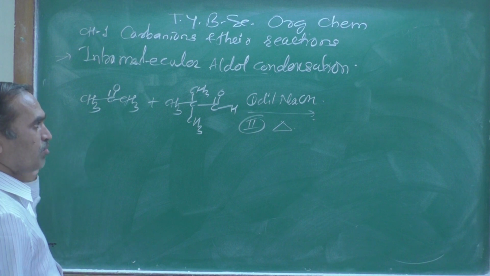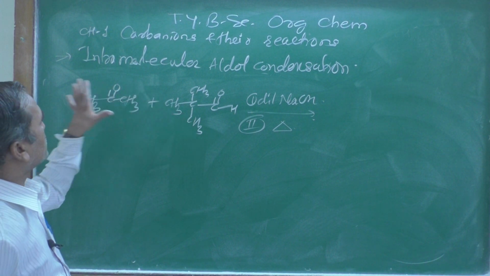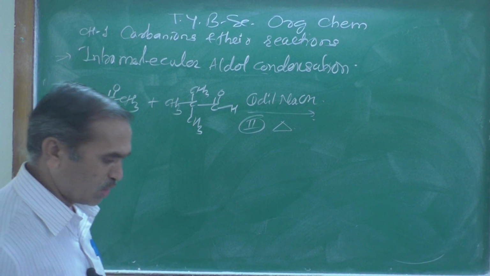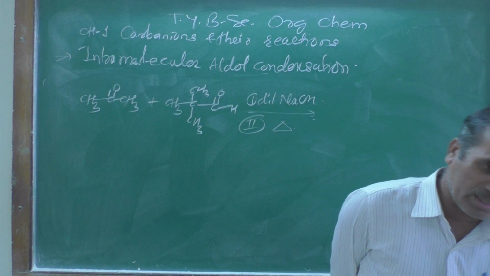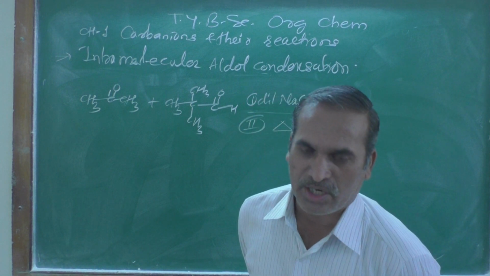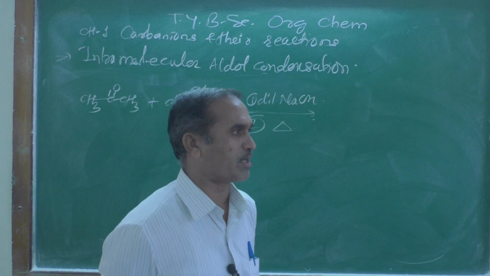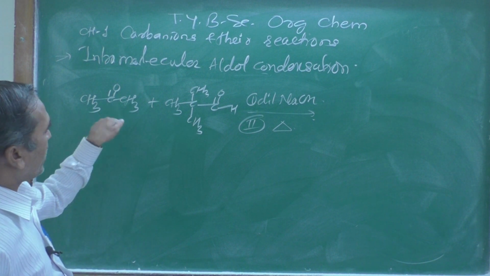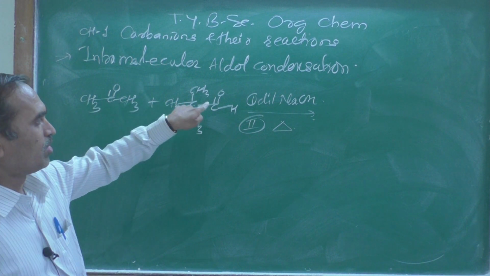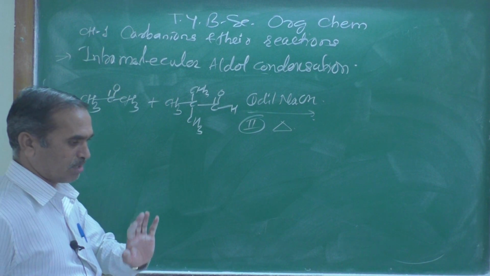So here, does this molecule undergo an aldol condensation reaction? Yes, it does, because there are two carbonyl compounds, and one has an alpha hydrogen atom while the other does not.